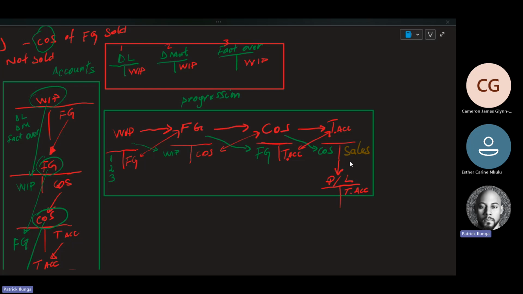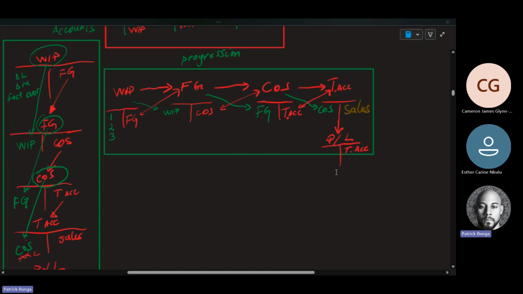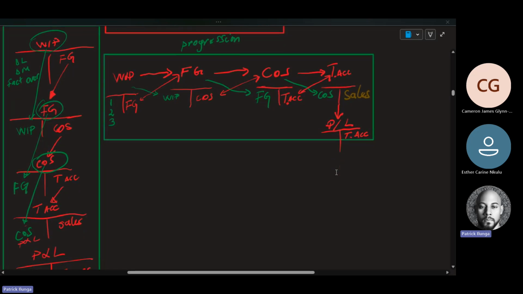And then after the trading account, obviously it's a trading account. So we are selling. Every time we are selling something, we are looking at the cost of what we just sold, so that we can track whether we are getting a profit or a loss, right? But even the last account here that I put here is for profit and loss, because it's going to deal with the net profit.